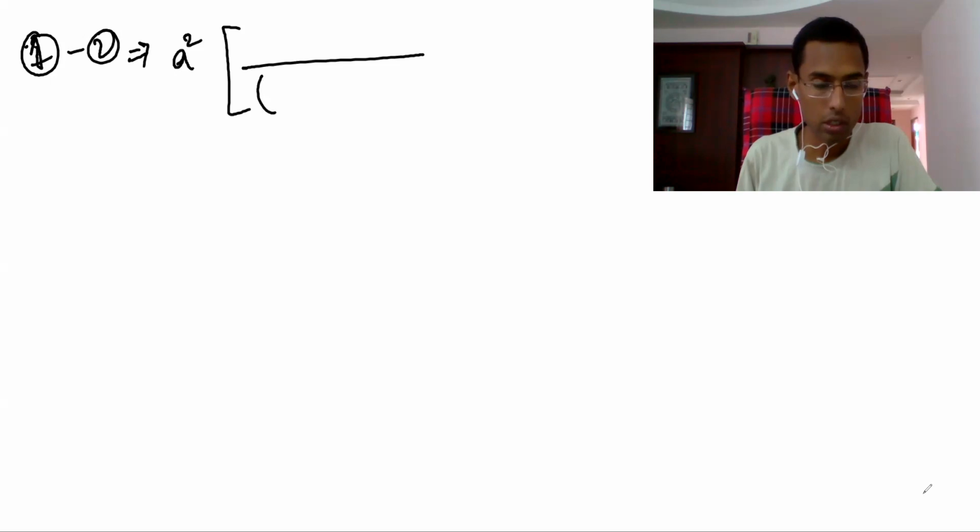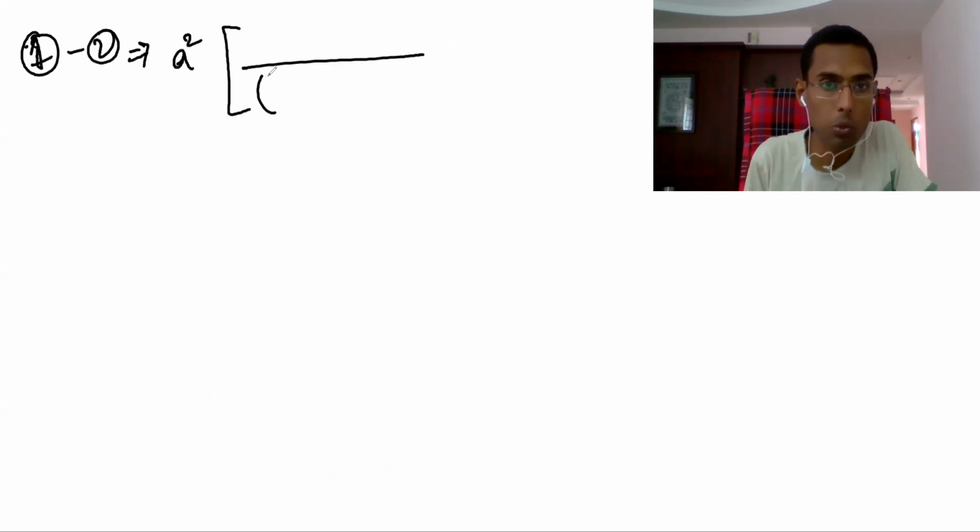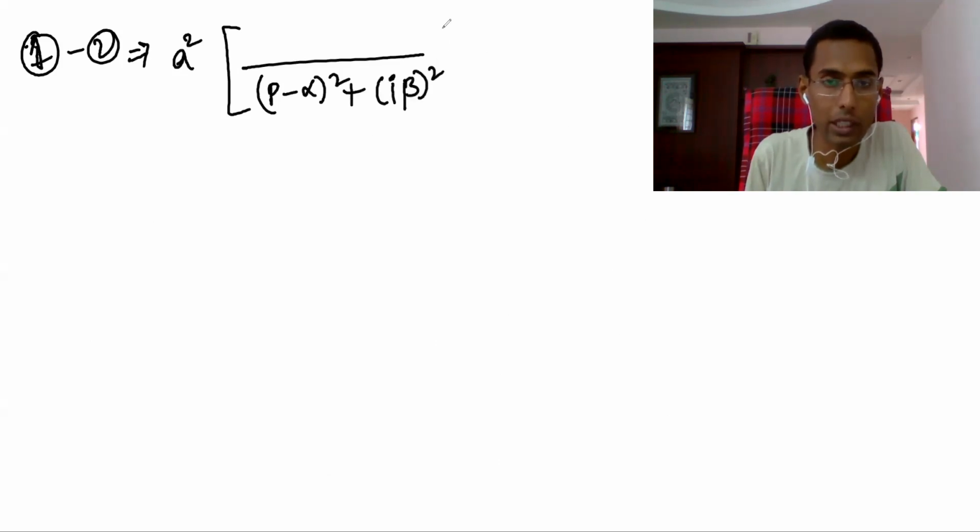Here, if you take p minus alpha, one term plus iq, another term minus iq, then the LCM of the first two terms for the subtraction becomes p minus alpha whole square plus q square. Like this, all the terms will be there, plus one term. Here it is first minus second.